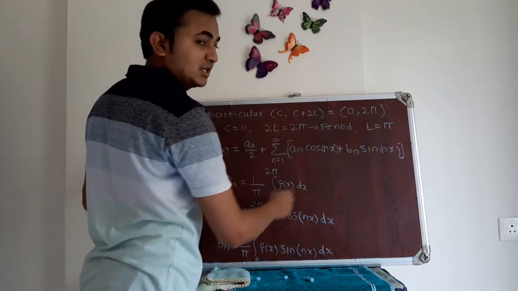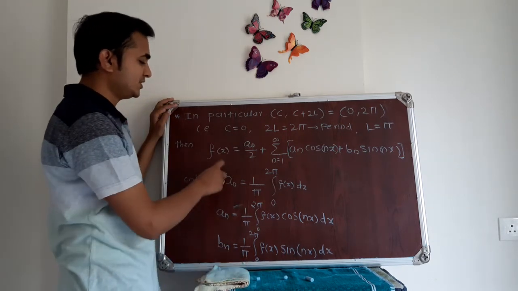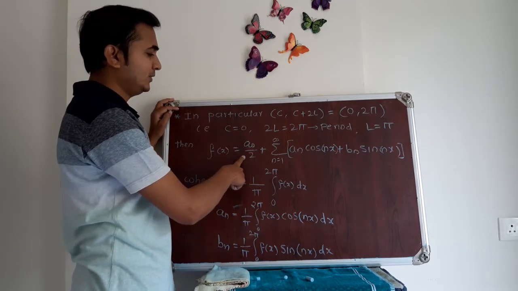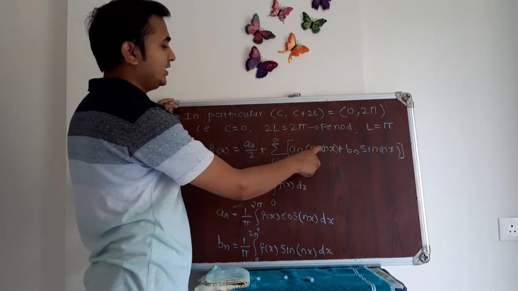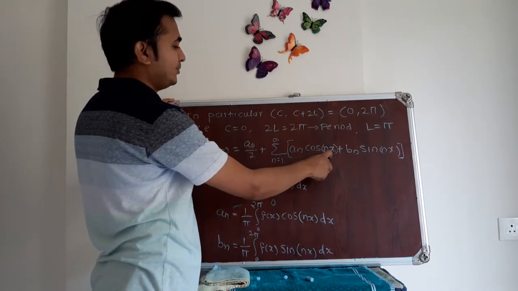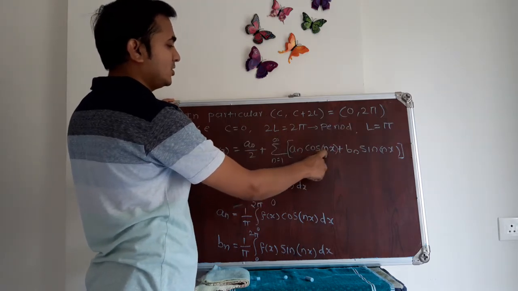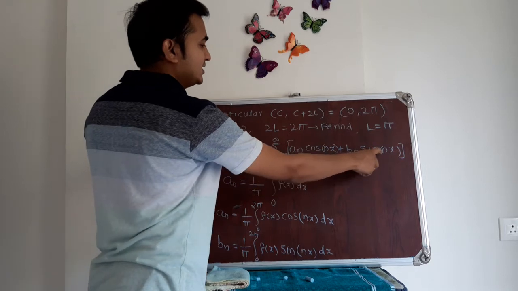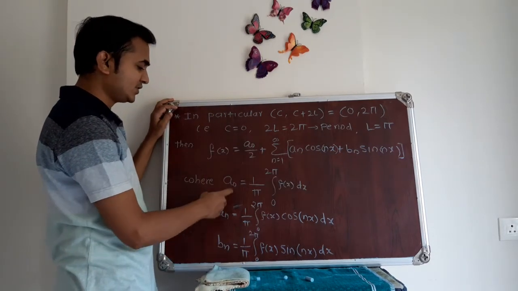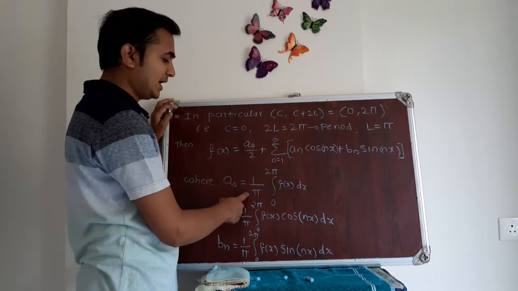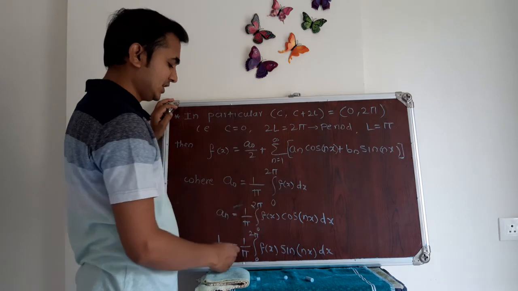So l becomes pi. In that case, the Fourier series becomes f of x is equal to a naught by 2 plus summation n running from 1 to infinity an cos n pi x upon l, but l is pi, so that will get cancelled. You will have cos nx plus bn sin nx, where the Fourier coefficients are: a naught is 1 by pi integral 0 to 2 pi f(x) dx.